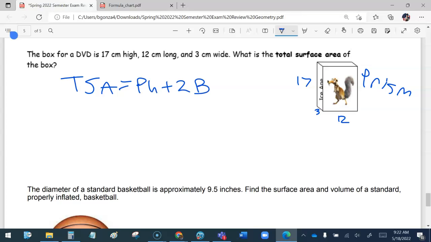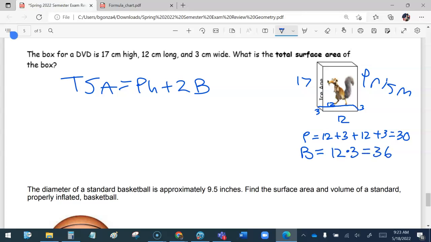Remember, P is perimeter of the base. So again, if I were to draw the base, it would have 2 3s and 2 12s. Okay, so perimeter of the base is 12 plus 3 plus 12 plus 3, which gives me 30. And then big B is the area of the bottom. Okay, 12 times 3, which is 36.